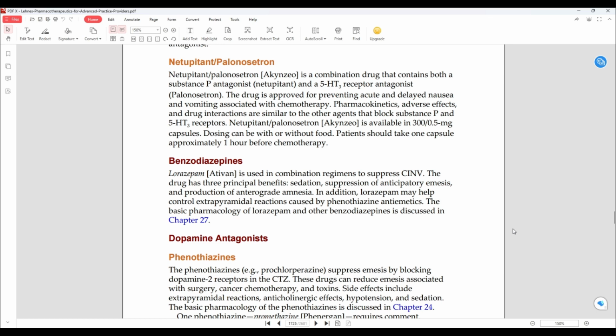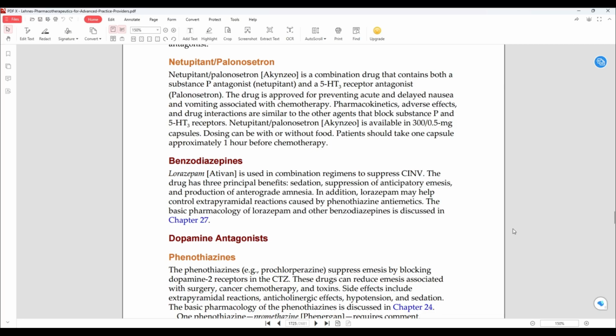Which brings us now to netupitant palonosetron, also known as Akynzeo, which is a combo drug that contains both a substance P antagonist and a 5-HT receptor antagonist. The drug is approved for preventing acute and delayed nausea and vomiting associated with chemotherapy.